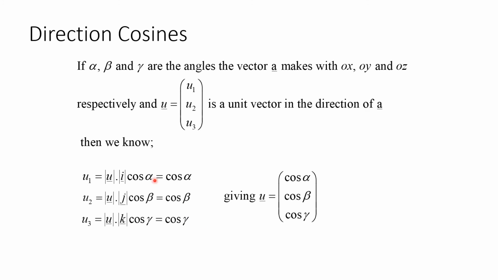Therefore, your vector U, simply because it's a unit vector, you can reduce the components to cos alpha, cos beta, and cos gamma. And these components are called the direction cosines of the vector A. So these are the direction cosines, and they have to be cosines of an angle.